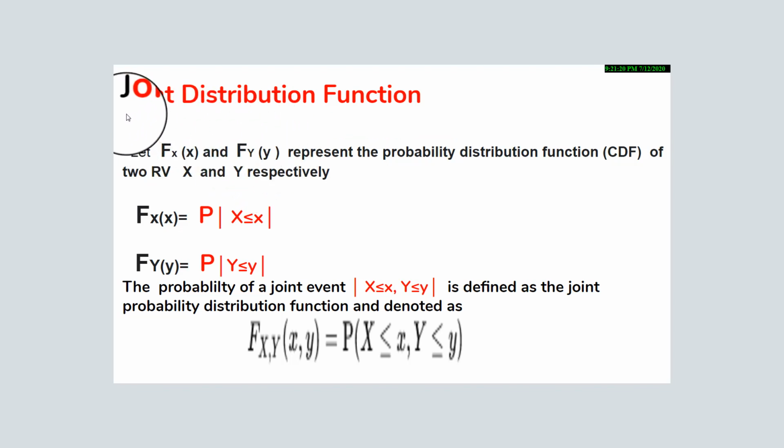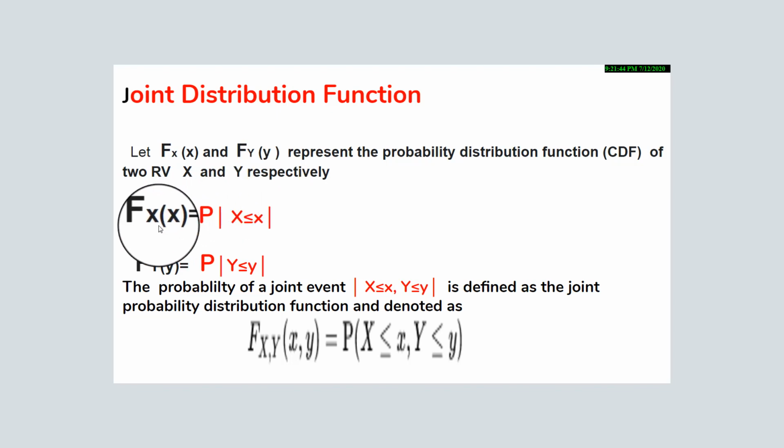But over here we are studying two things. One is one variable x, another is another variable y. That means we are studying two variables. So let F of x and F of y represent the probability distribution function, also called the cumulative distribution function, of the two random variables X and Y respectively.